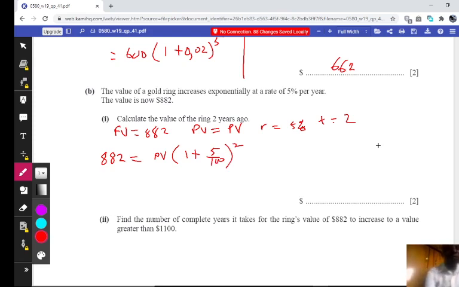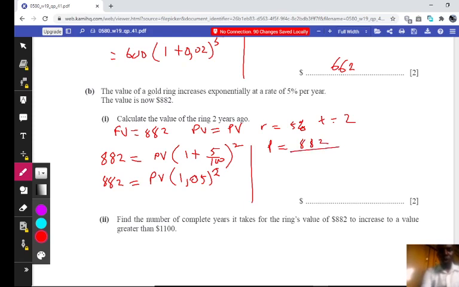So if you simplify, it will be 882 is equal to PV times, this one, 5% is 0.05 plus 1 is 1.05, to the power 2. Then you divide by 1.05 to the power 2 on both sides. Then you get your PV as 882 over 1.05 to the power 2.